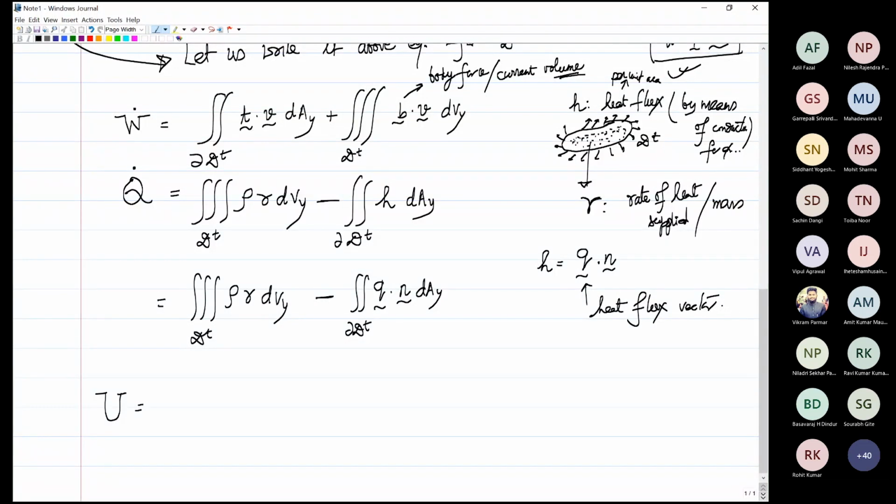Okay, so now for the U part, what do you think U should be? We can think of it as an integral over the volume of the body of rho times epsilon dVy, where this epsilon is internal energy per unit mass. Okay, it is per unit mass.